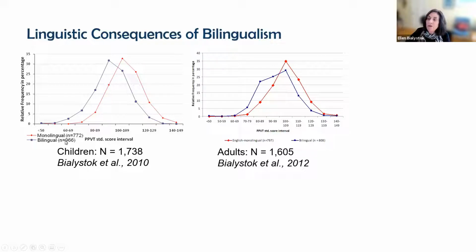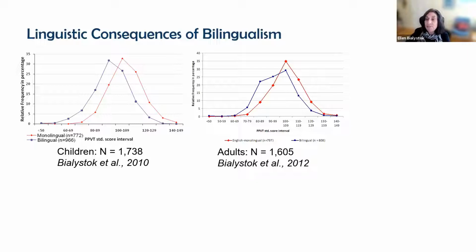These are distributions, and so this is the different scores you can get. 100 is the population mean for the test, and these are frequencies. So what you'll see, even if you don't read the details, is normal distributions. Any test you give to a population should produce a normal distribution. And what these data are telling you is the vocabulary scores are normally distributed.